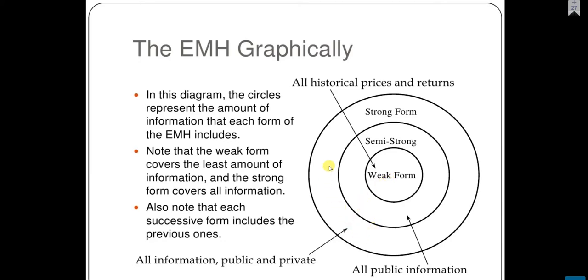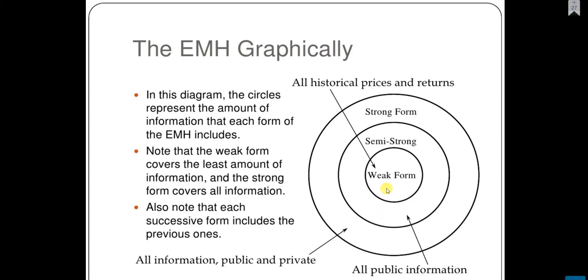But if you see the strong form, this third circle, it is having all information, public and private. So the weak form covers the least amount of information because it is just covering the historical price and return, and the strong form efficiency is having all information. Also note that each successive form includes the previous ones.